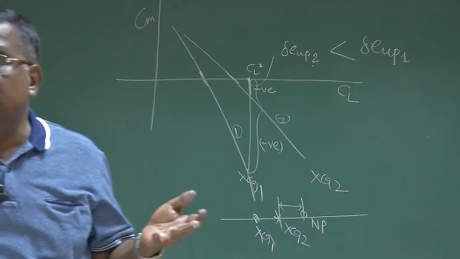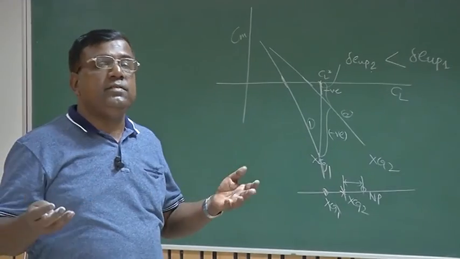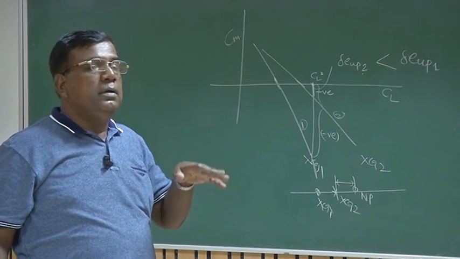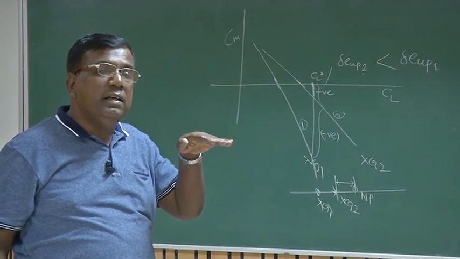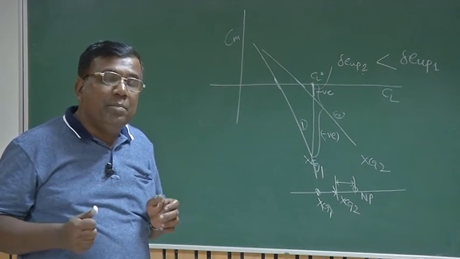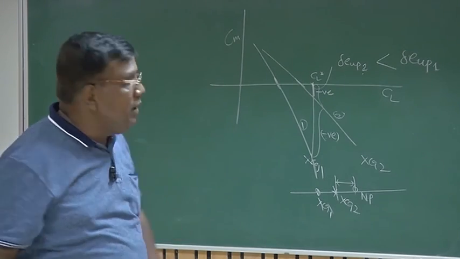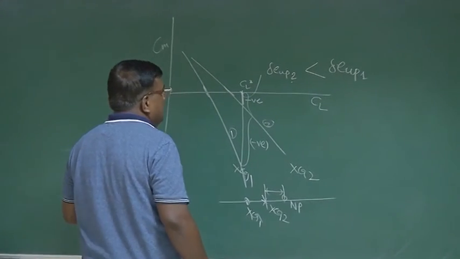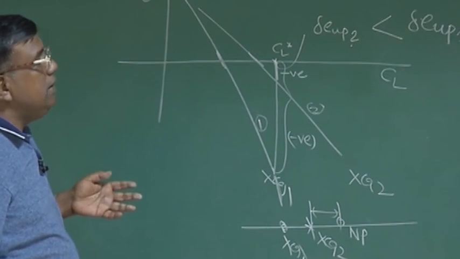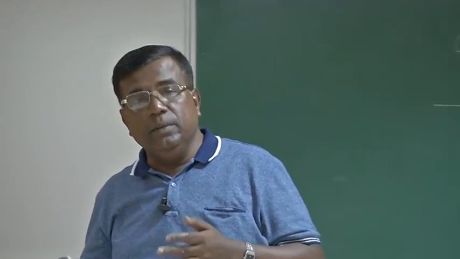This is very obvious, and we can understand that any aircraft which is highly statically stable has an inherent tendency to come back, to retain its position, to restore, and to have an initial tendency to come back to the position. It will resist any change from that position very strongly as compared to an aircraft which has lesser static stability. Okay? So this is very clear to us. This understanding is extremely important, and we will be using it to define a relationship between elevator required and the CL trim. Thank you very much.